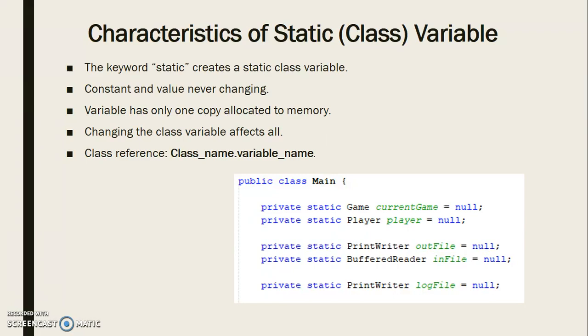We create the current game, player, and log files variables that will be available throughout the program for the entire game, because there is only one game, one player, and one log file at each time we call them, because it is using the same location in memory.